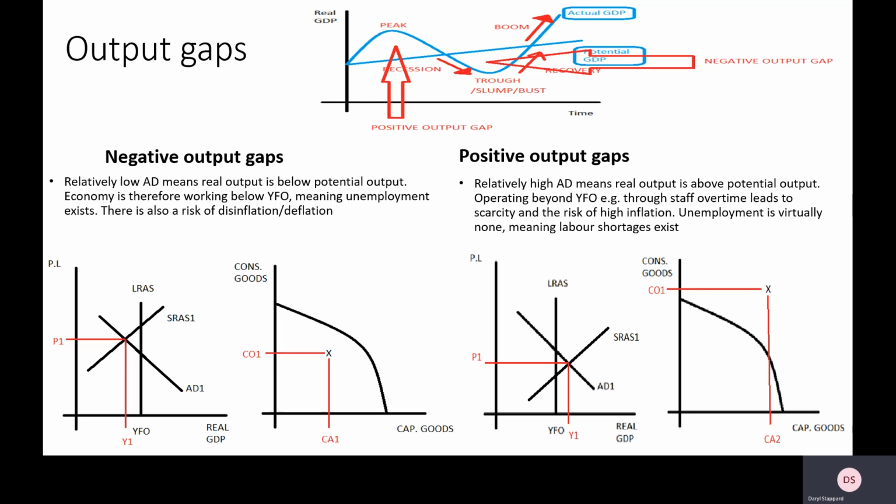In a positive output gap, we've got to bring aggregate demand inwards to close off that positive output gap. So bring that cross on the PPF curve back in towards the PPF curve. This is going to be what we call demand side policies. So trying to manipulate aggregate demand to reduce the size of peaks and troughs on the business cycle. In other words, tackle negative and positive output gaps.